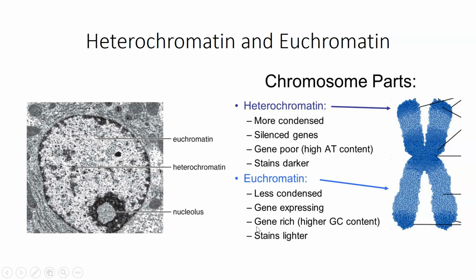It has a higher density of genes, which typically correlates with higher GC content, and it stains more lightly on the chromosome. And this is a cytological section looking at the nucleus, and you can see regions of very light staining chromosomes and very dark staining. Light euchromatin, dark heterochromatin.